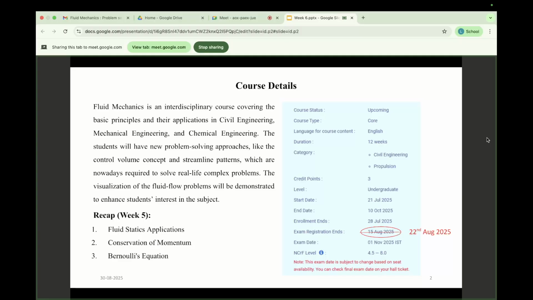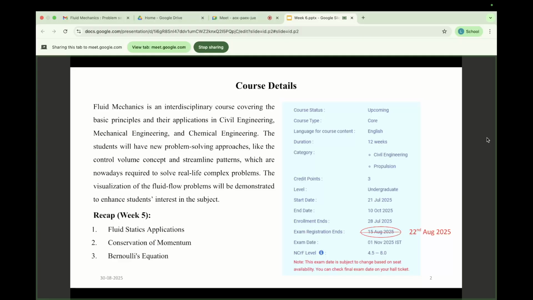What we have already discussed in week 5, or last week, is that we have solved a few numericals based on the application of fluid statics and also on the conservation of momentum and Bernoulli's equation.